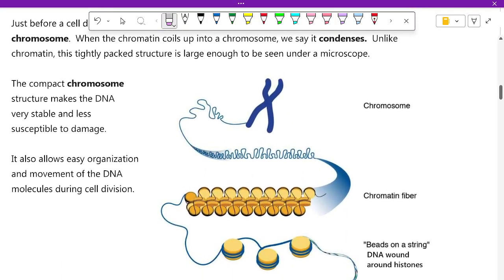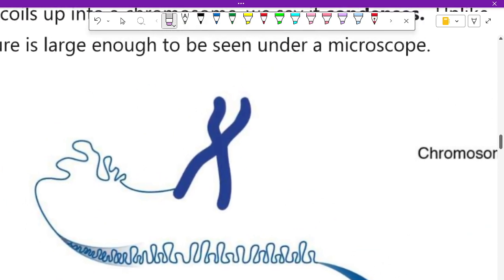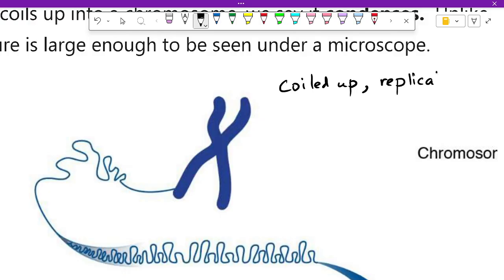So there are two ways to go about this. We can either start from the big structure. This is the coiled up replicated DNA. What do we call that?